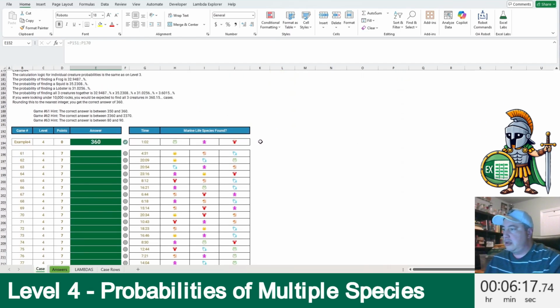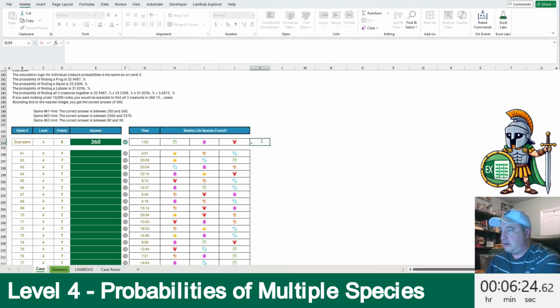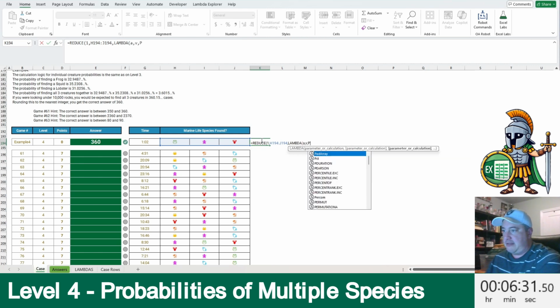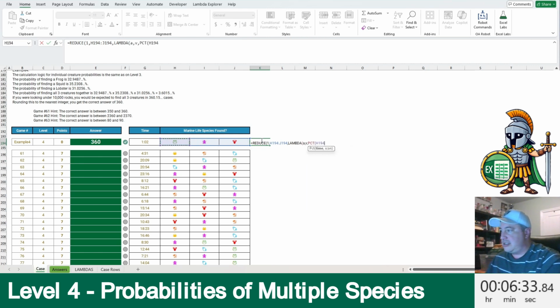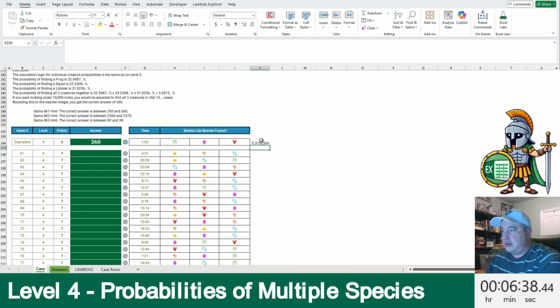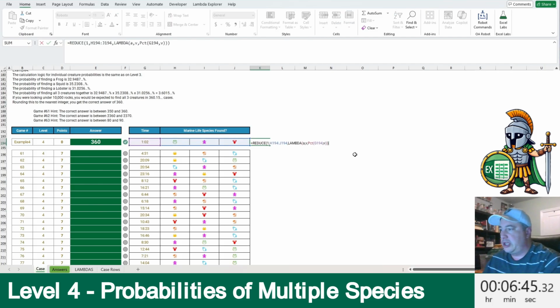Level 4. Since we have that lambda, now we can just apply it to all three using a reduce. So reduce from 1, giving these animals as inputs, and the AB percent. Our time is this, and our animal is this. And that came back wrong, actually. Let me think. I have the wrong logic here, or is my lambda up top wrong?